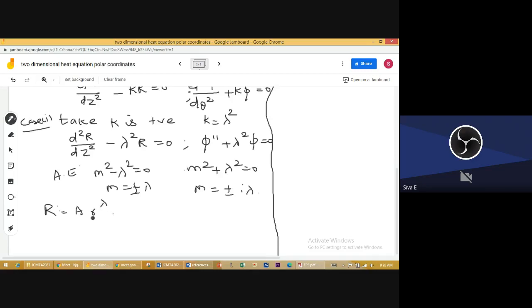If m equal to plus or minus lambda, we can write r equal to a1 e power lambda z plus b1 e power minus lambda z. But e power z is r.